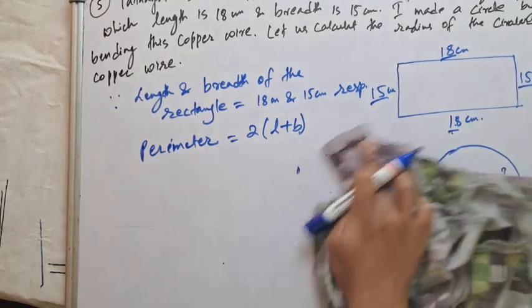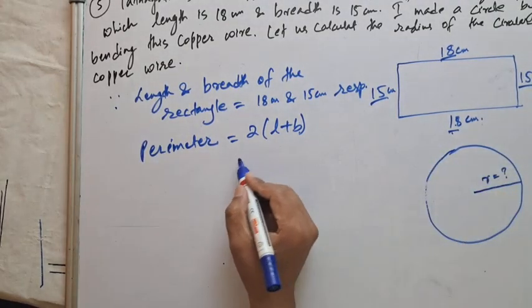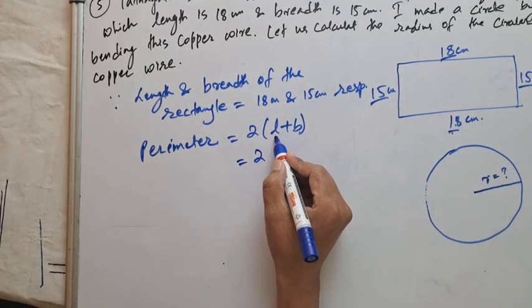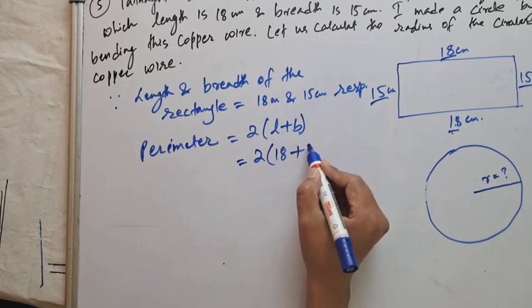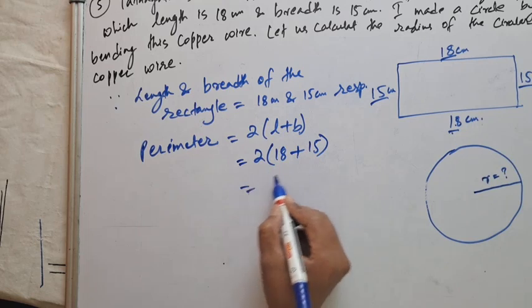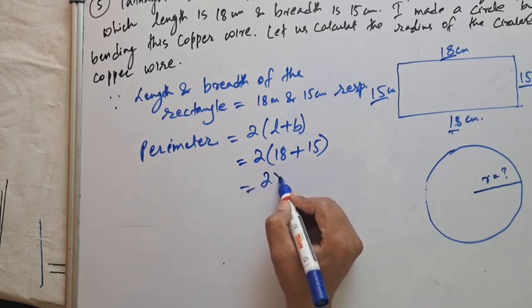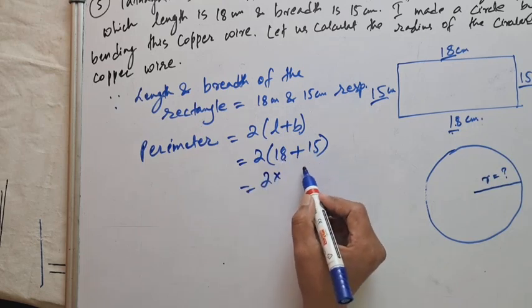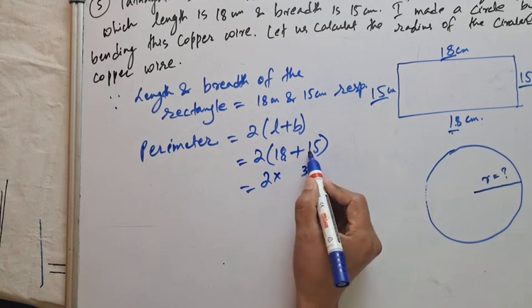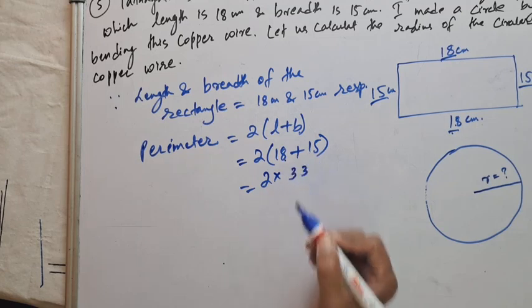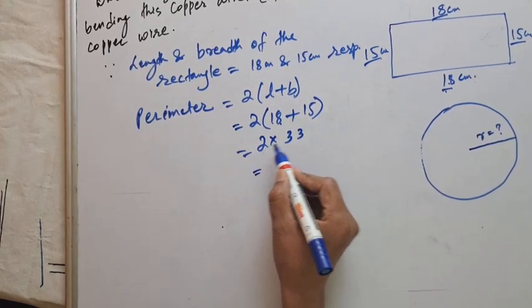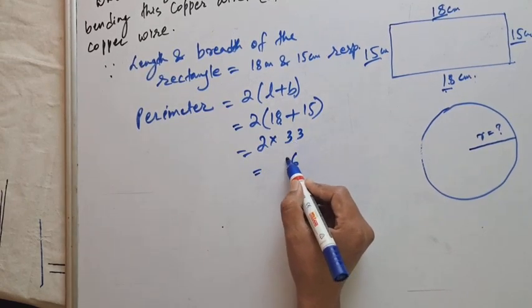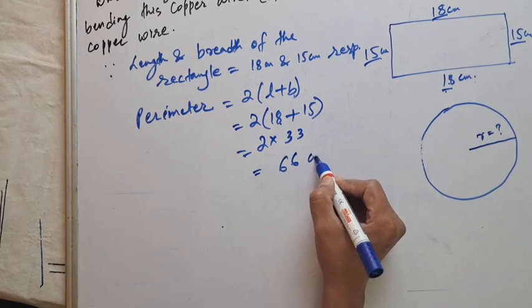Now let us put the value. 2 into what is length? Length is 18 plus what is breadth? Breadth is 15. So 2 into 18 plus 15, that is 33. 2 3s are 6, 66 centimeter.